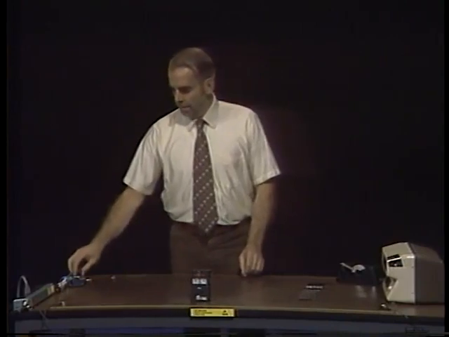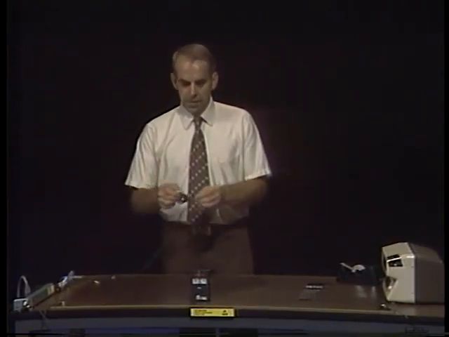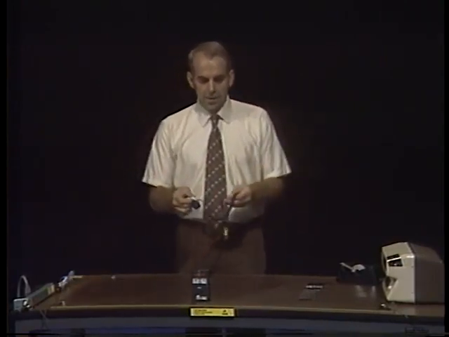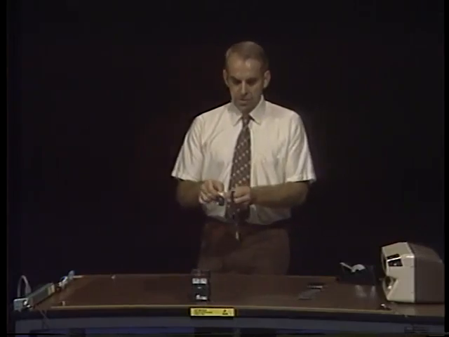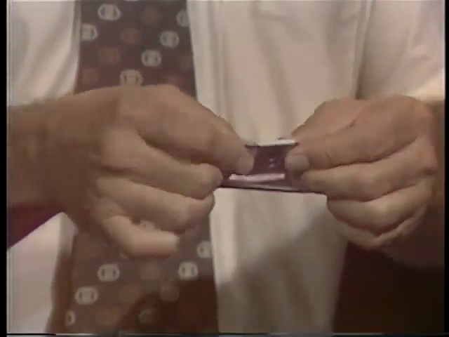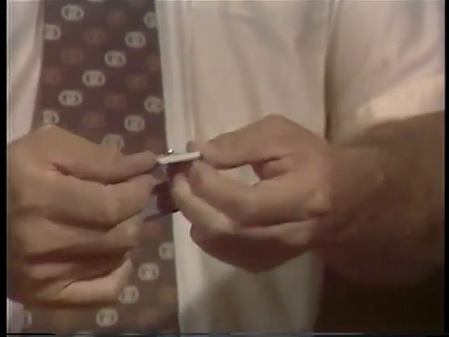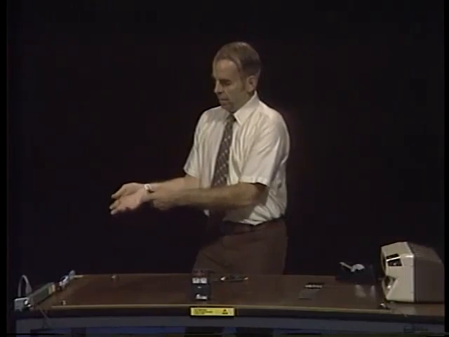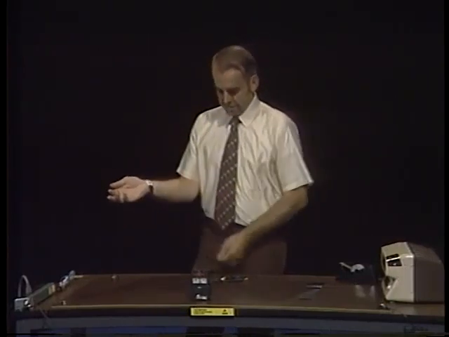The second item in our arsenal of weapons against static is the anti-static wrist strap, which consists of two parts. A wristband, which is an elastic band with a stainless steel contact. I like to wear it with the contact on the inside of my wrist.